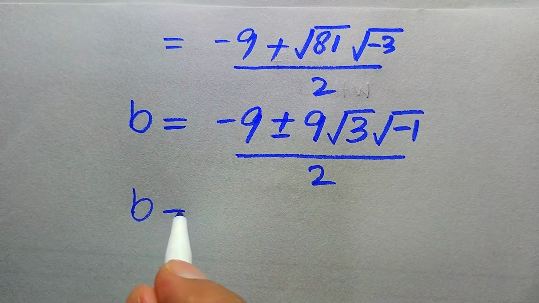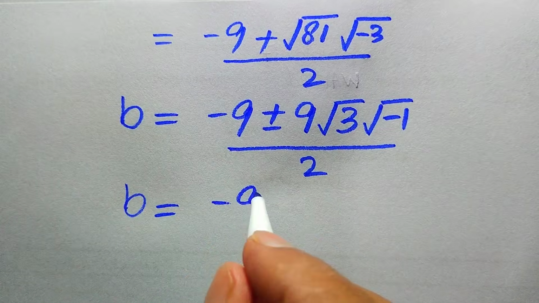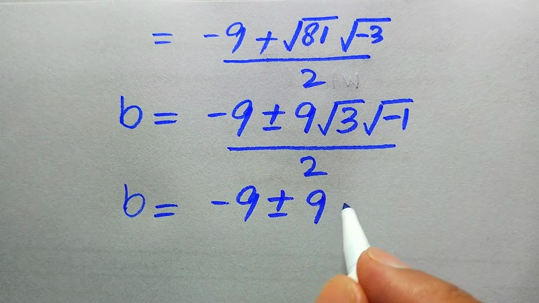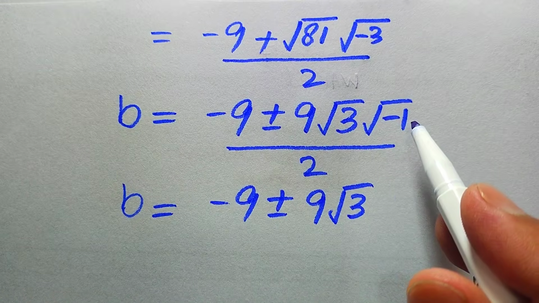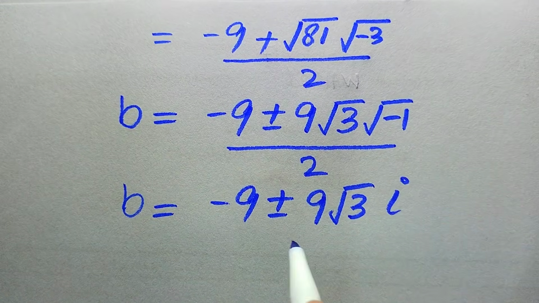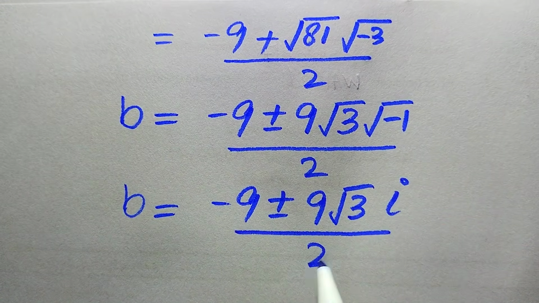So finally we have b is equal to minus 9 plus minus 9 times square root of 3, and we know that square root of minus 1 is equal to iota, and it is divided by 2.